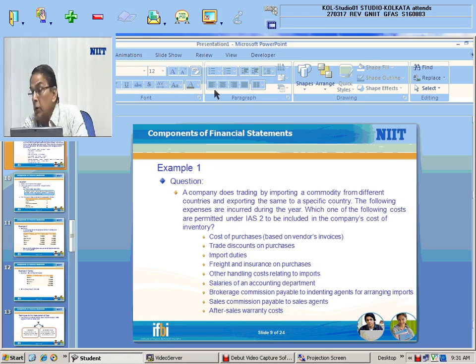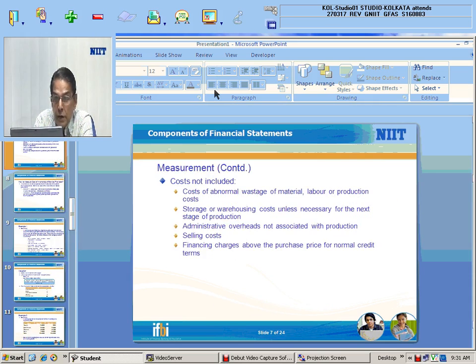Sales commission payable to sales agents. What about that? It will not be included. It is no, because it is very clear. Again, I go back to the relevant slide, just to remind you.